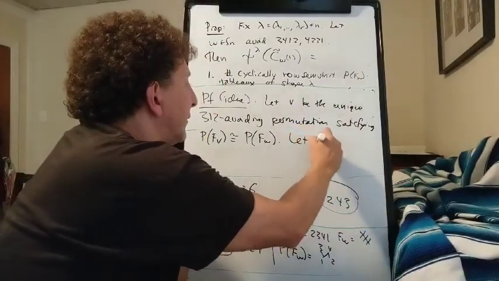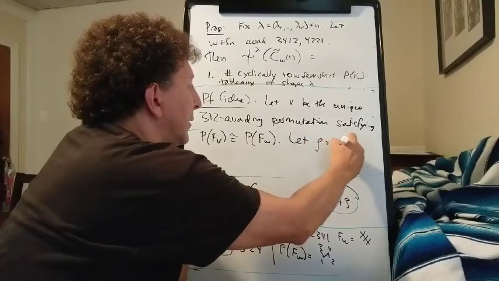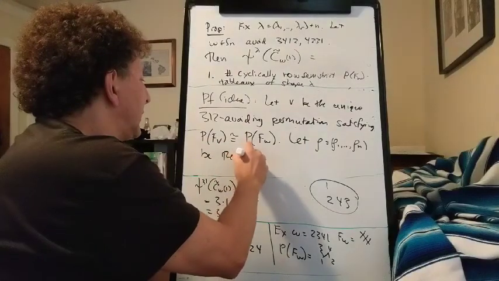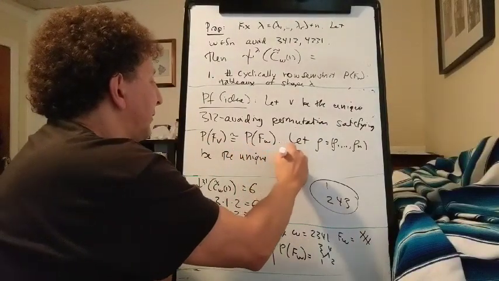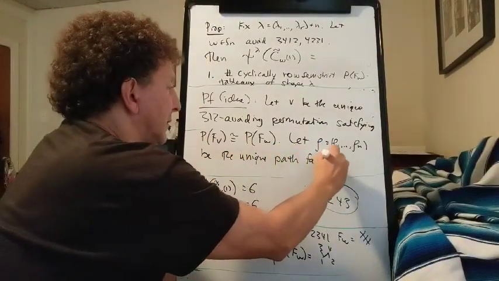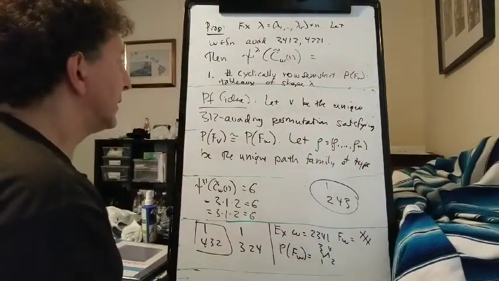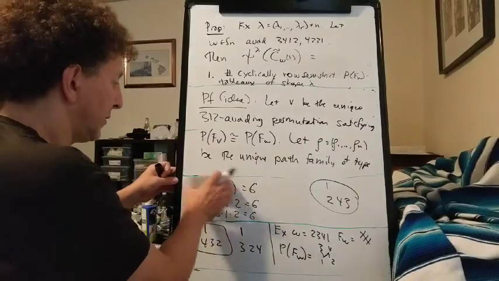And let row 1 through row n be the unique path family of type E covering FW.